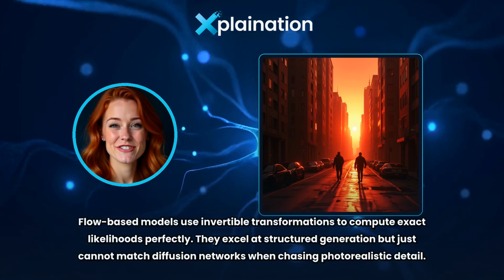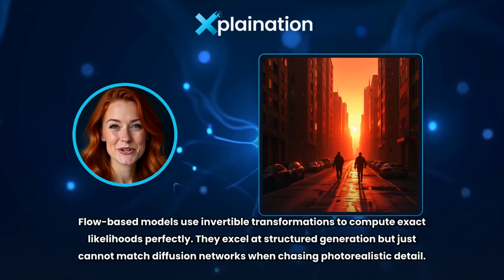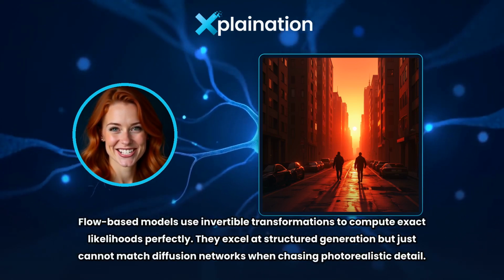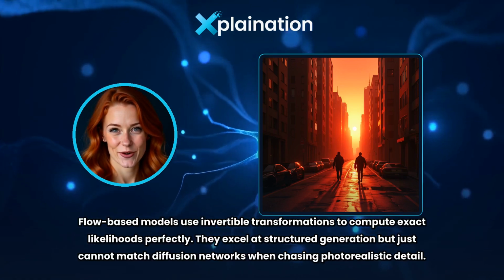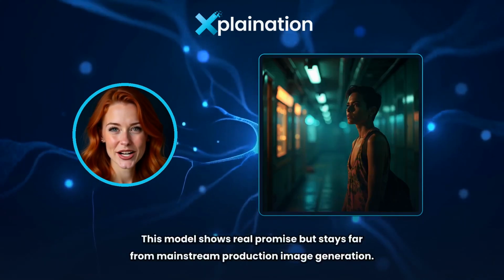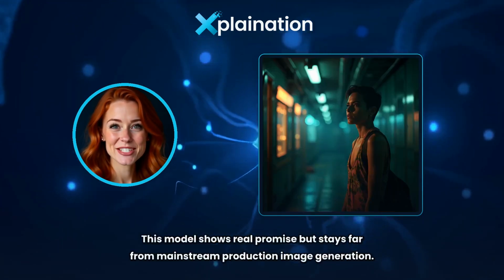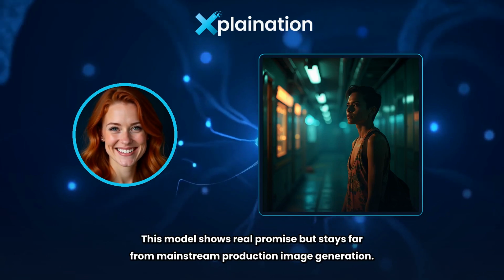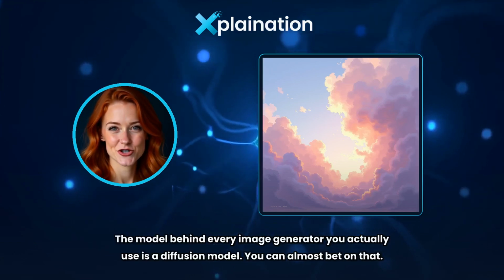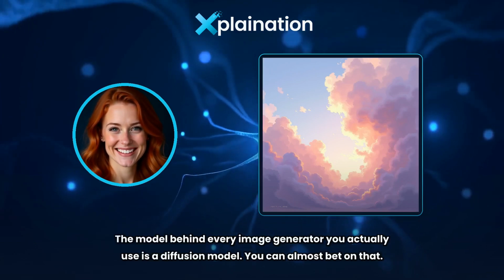Flow-based models use invertible transformations to compute exact likelihoods perfectly. They excel at structured generation, but just cannot match diffusion networks when chasing photorealistic detail. This model shows real promise, but stays far from mainstream production image generation. The model behind every image generator you actually use is a diffusion model. You can almost bet on that.